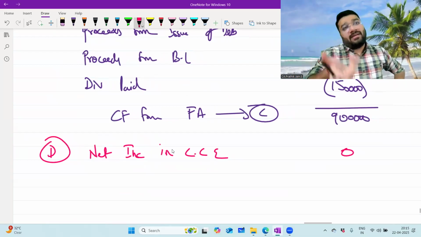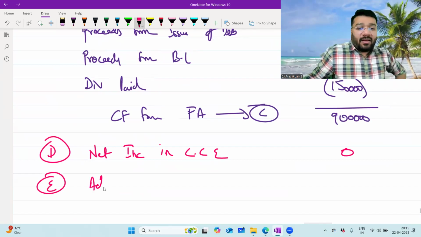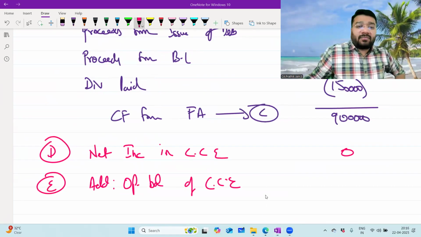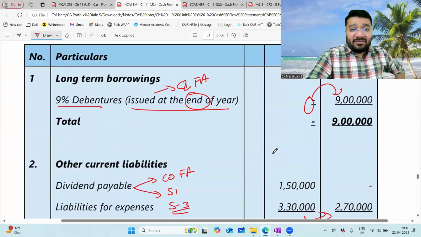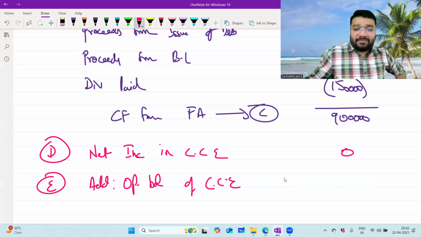You had decrease also, right? 0. Then add opening balance of cash and cash equivalent. 15 lakh, 15 lakh. Opening so much cash is there. How much? 15, 20.